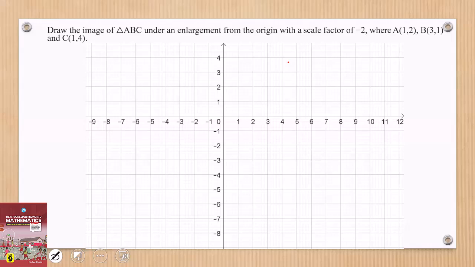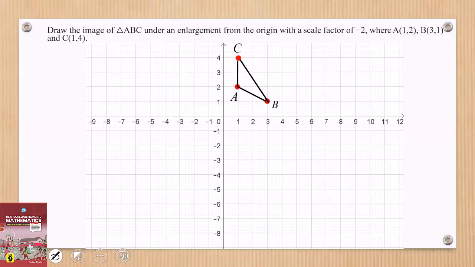Again, let's plot the original points A, B, and C. A (1, 2) gives us here: 1 on the X and 2 on the Y. Then B is (3, 1), and C is (1, 4). When we join these together, we form a triangle.